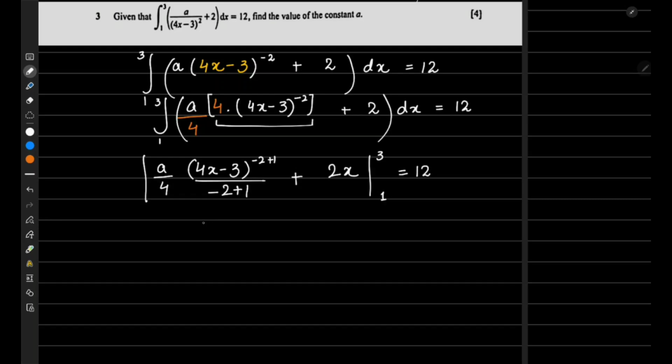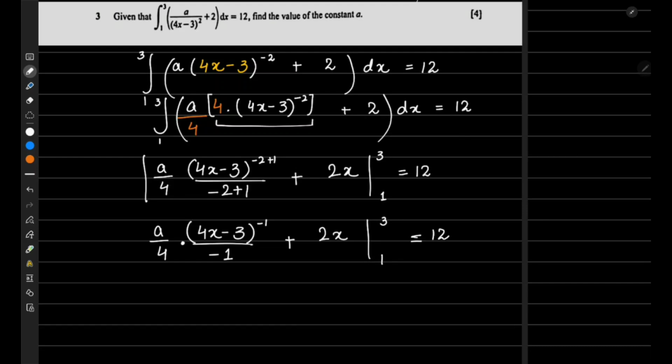Now, simplifying this further: a over 4 times (4x minus 3) to the power minus 1 over minus 1, plus 2x, from 1 to 3, equals 12.